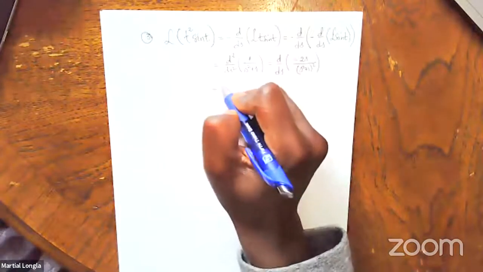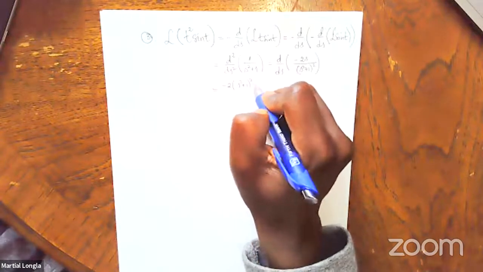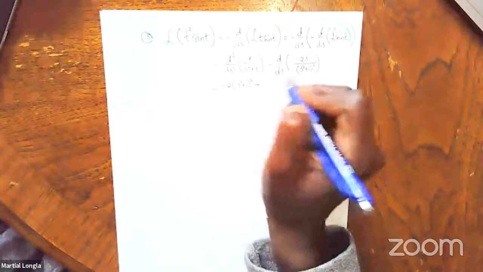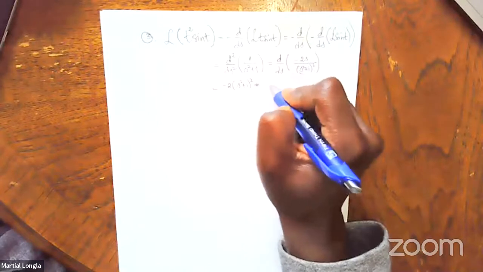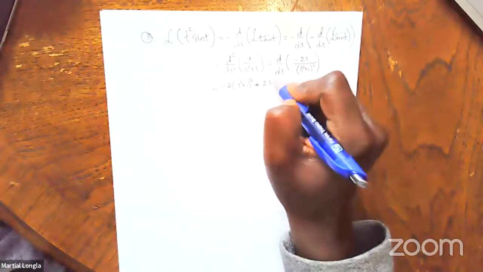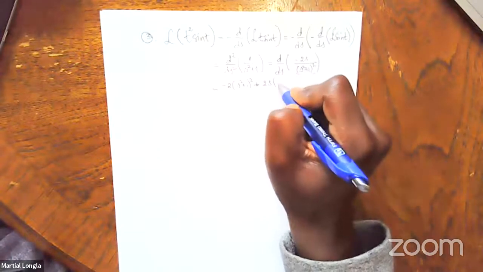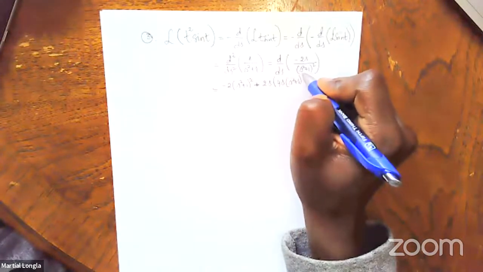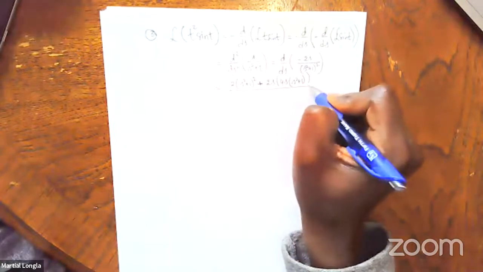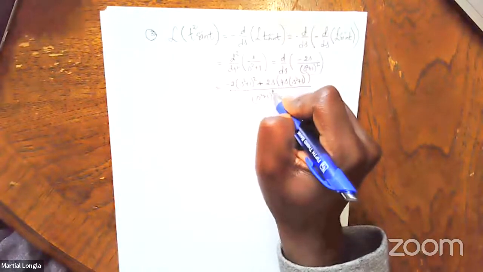Then you take that derivative and get minus 2 times s squared plus 1 squared, minus, and then the minus 2 is plus 2s, times the derivative of the denominator, which is 2 times 2s, that's 4s, times s squared plus 1, divided by s squared plus 1 squared squared, which is to the power of 4.